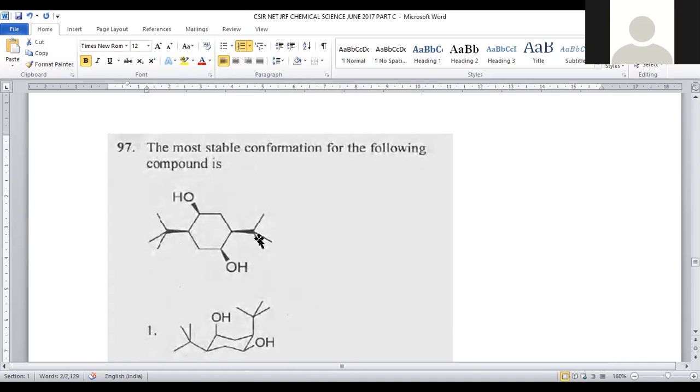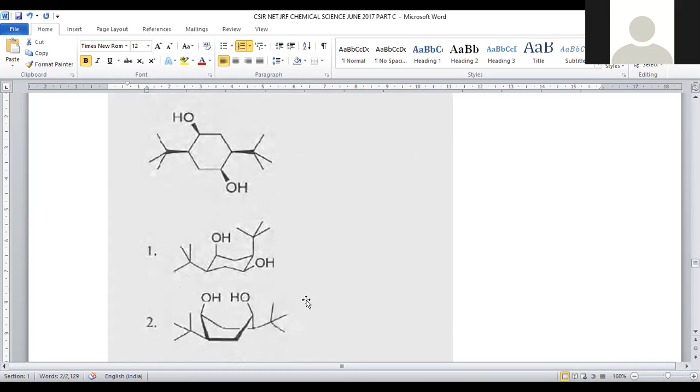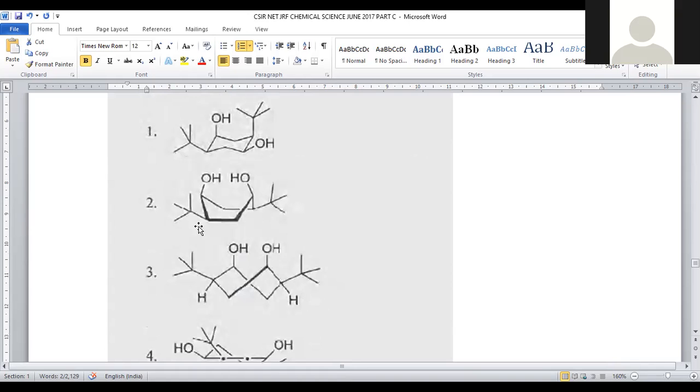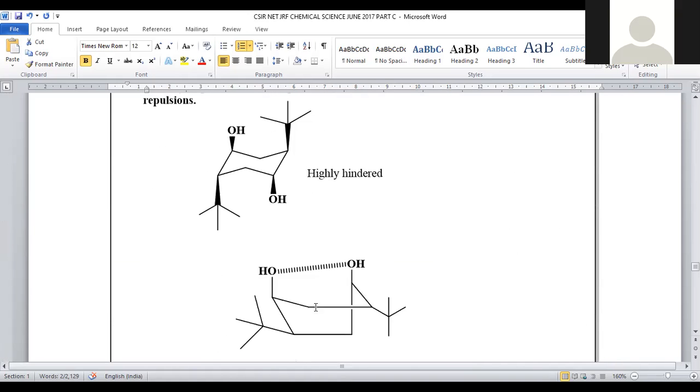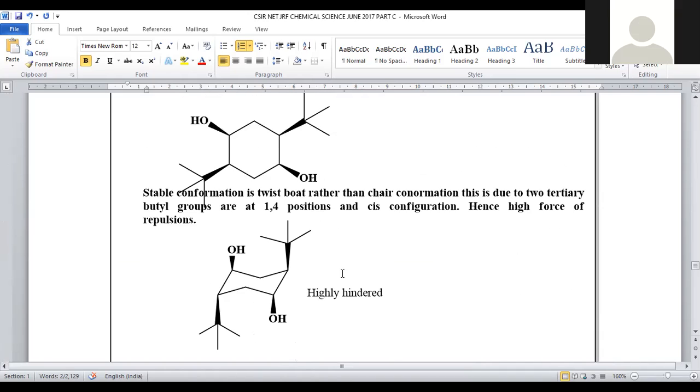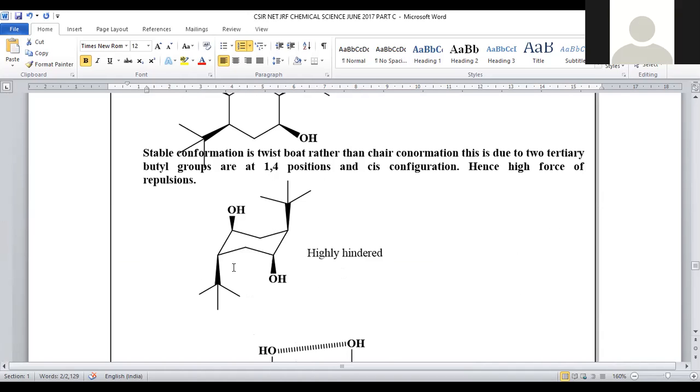What constraints do we have? Two bulky groups are there and two hydroxy groups are there. This gives a unique situation where we have to apply another structural transformation where repulsions will be minimized and higher stability provided to the molecule. If we take the molecule in the chair form in this manner, what happens?